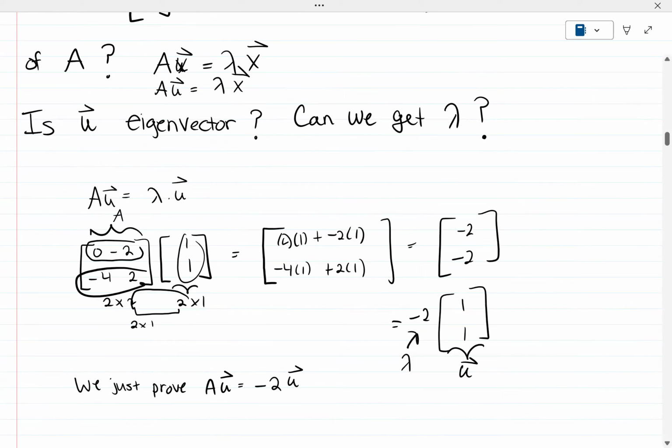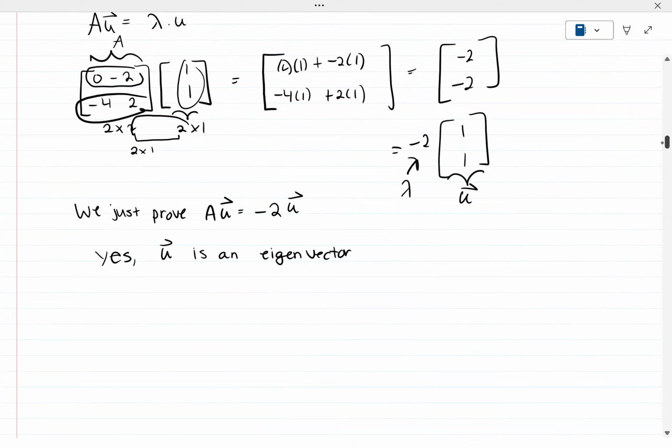Negative 2 is your lambda, and this 2 by 1 vector is u. So we could say yes, vector u is an eigenvector, and lambda equals negative 2 is the corresponding eigenvalue.